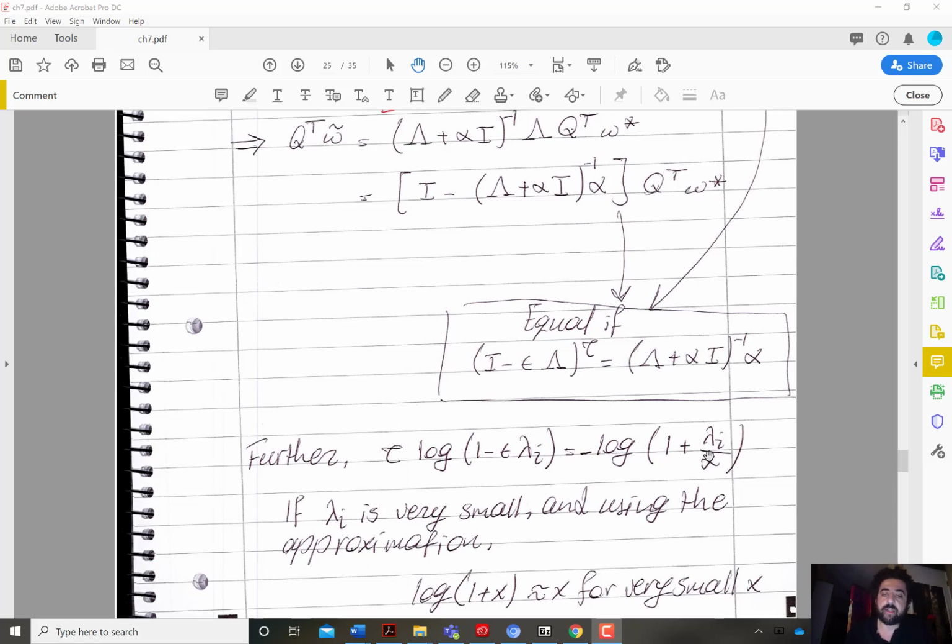Now, let's make one last assumption to simplify that expression and draw a simple interpretation. If lambda is very small, meaning that the curvature of the Hessian around the unregularized optimal is very small in all directions, and in many cases this is where regularization makes sense, because that means the cost function doesn't change very quickly if I change the parameters slightly from the optimal ones.